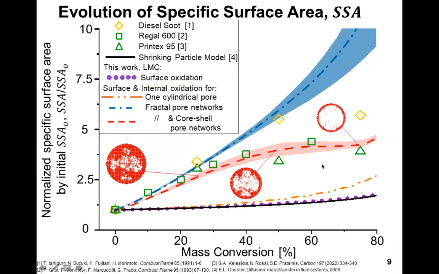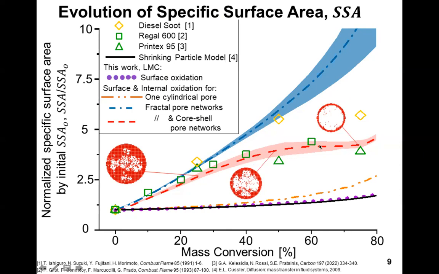And here you can see the dynamics of the specific surface area of such core shell fractal networks compared to the data and the models that I showed you before. So at small conversions, internal oxidation inside the particle pore increases the specific surface area up to a factor of about 4.